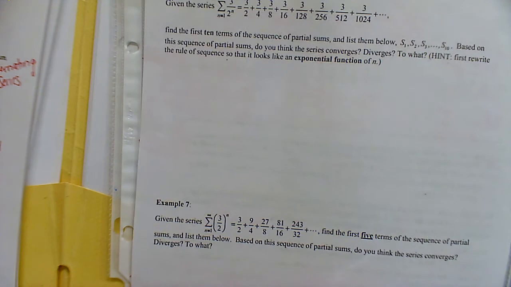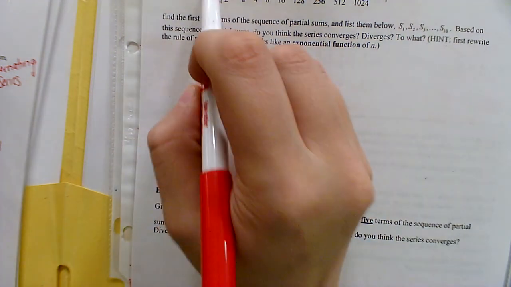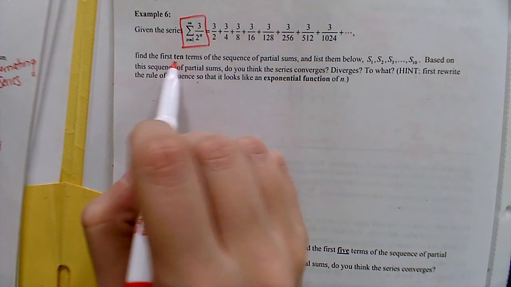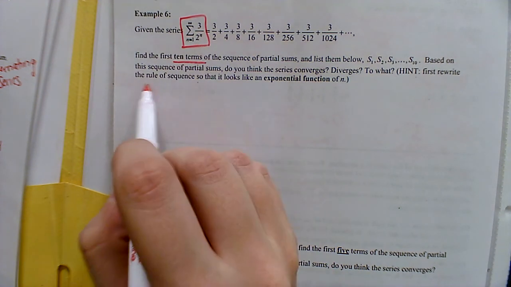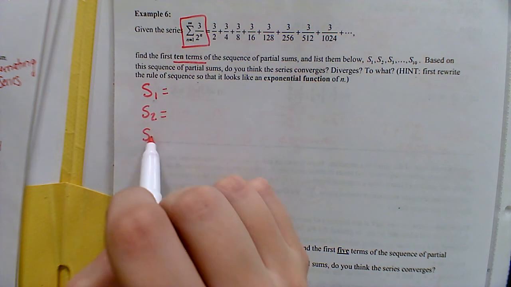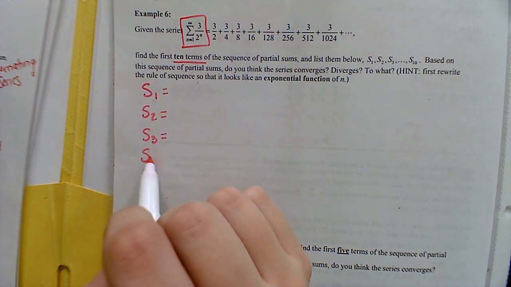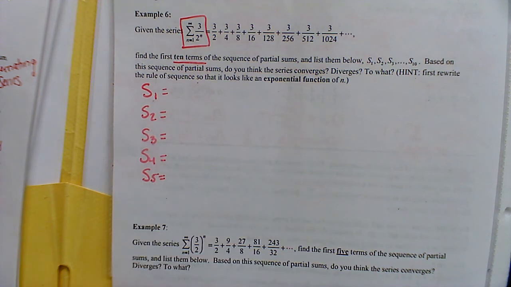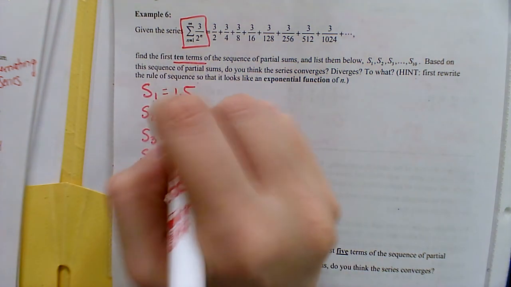Okay? Let's take a look at a few more of these partial sums. Given this series, they give us the rule in a few terms. We're going to find the first 10 sums. So maybe you guys can utilize your calculator for this. If you start with the first term, that's just a half.